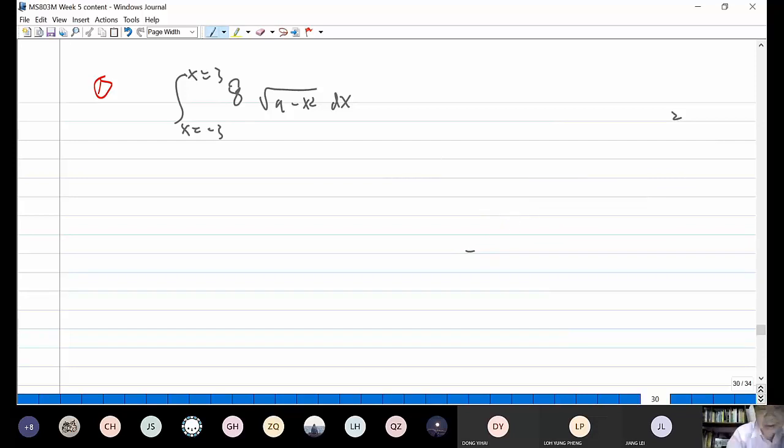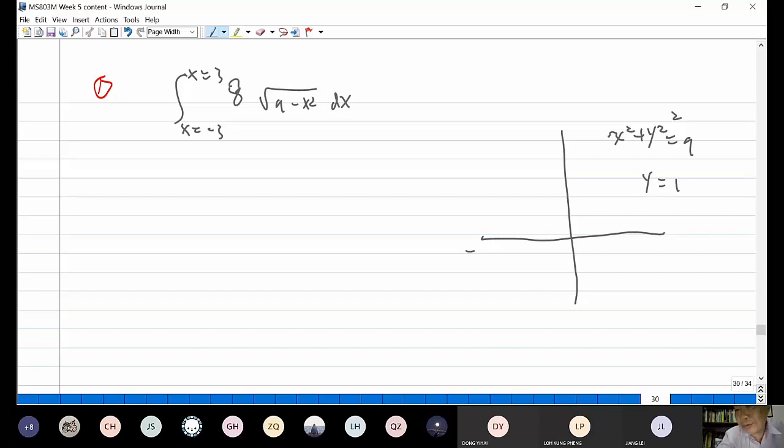Why is it a circle? Because x squared plus y squared equals 9. So this is a circle here, and y equals the square root of 9 minus x squared.